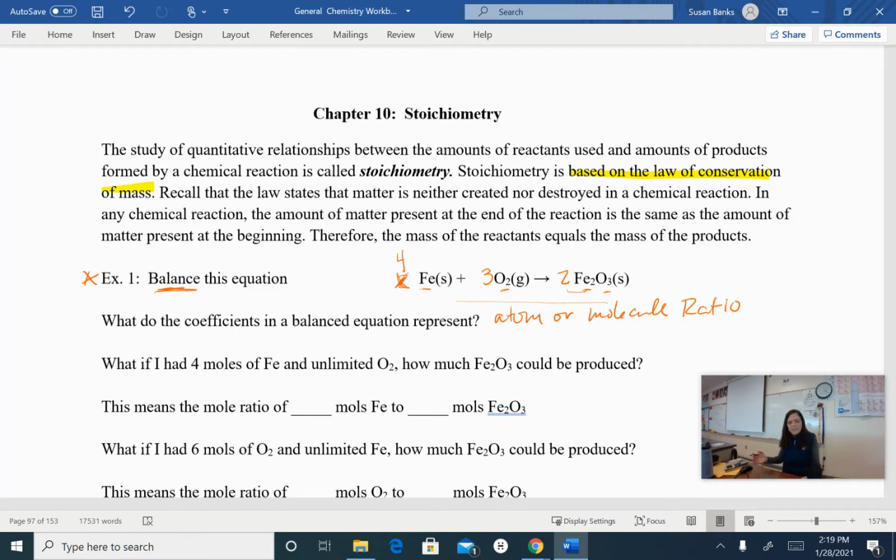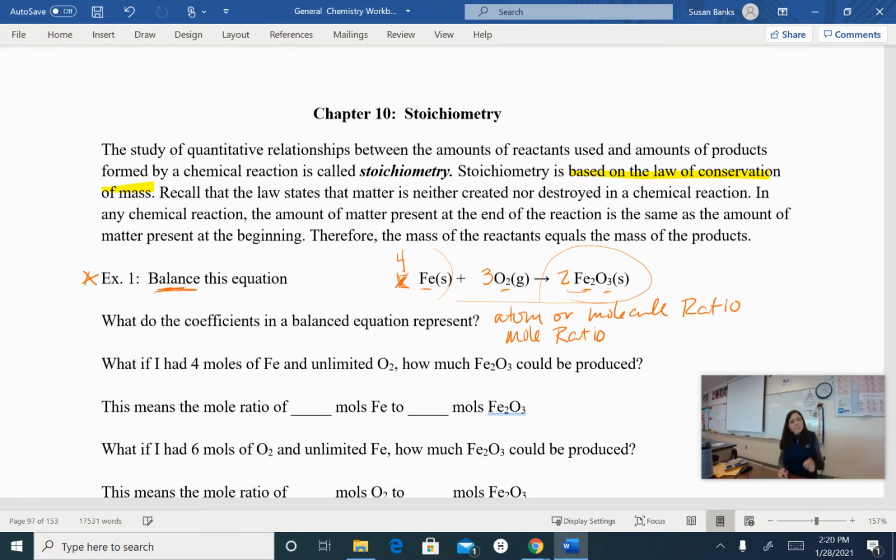So we can think of this as an atom or a molecule ratio, but couldn't we also look at this as a mole ratio? If I have 4 moles of iron, I could end up with 2 moles of iron 3 oxide. So this could also be looked at as a mole ratio.